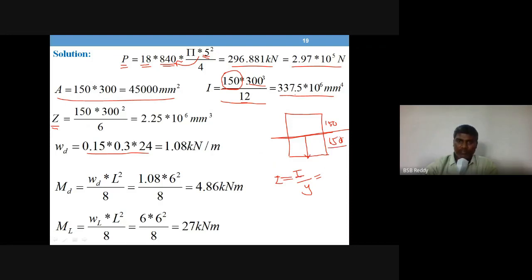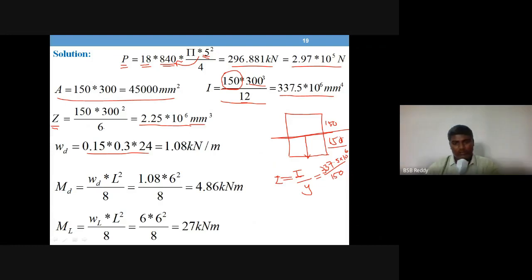So I is 337.5 into 10 power 6, divided by 150. So Z will be 2.25 into 10 power 6 mm cube. Okay, I have used BH square by 6 as the formula here.